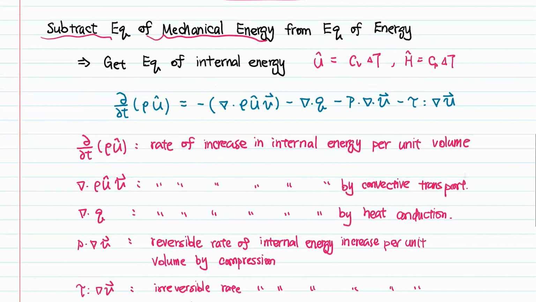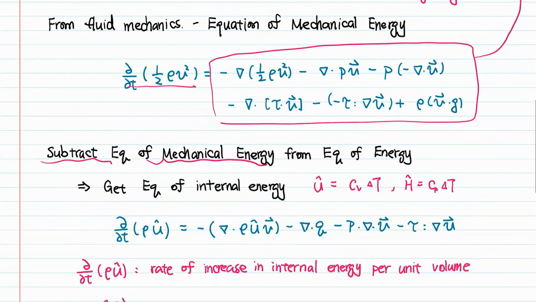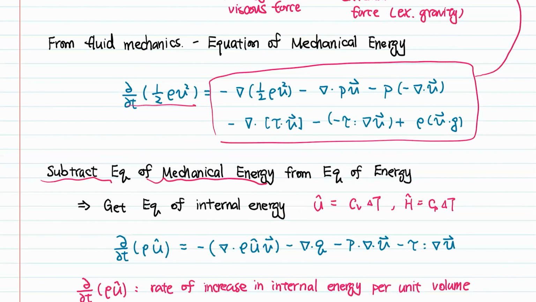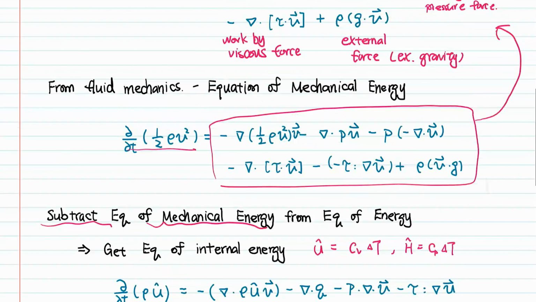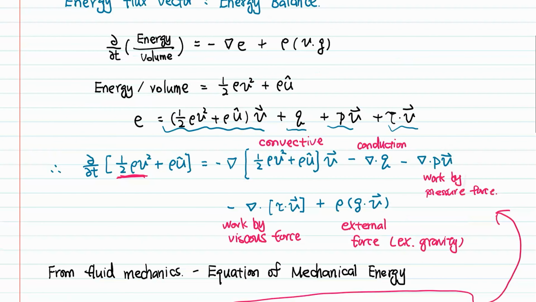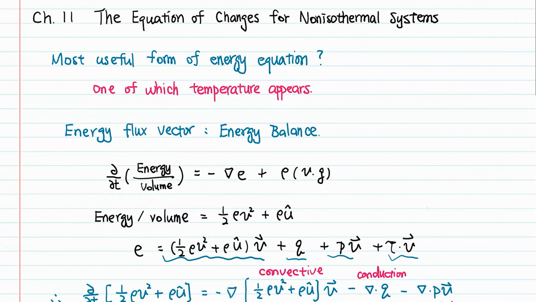So let's go over these again. I think I've been missing a velocity term here. Okay, so our objective here again is to try to have an energy equation in which temperature appears, which would be the most useful form for us.